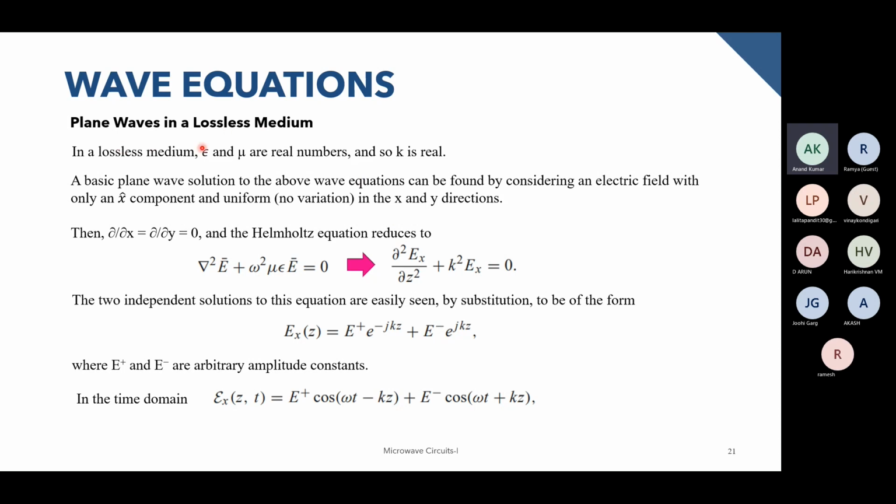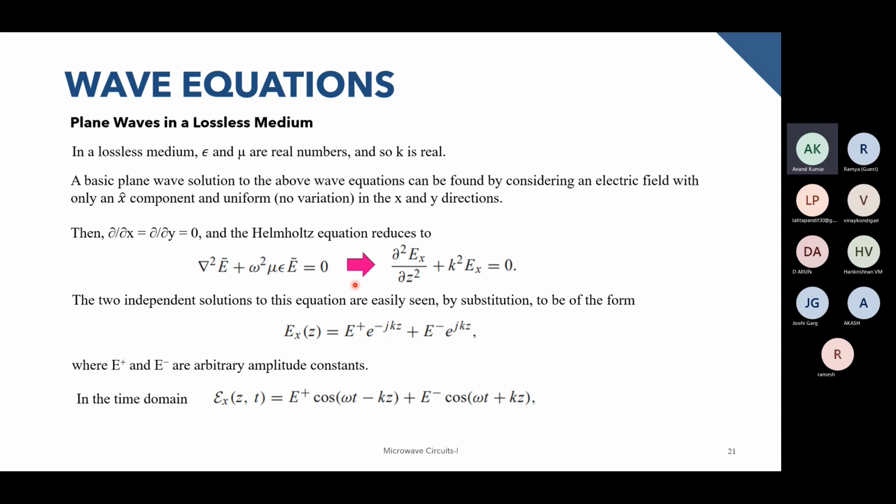And then we looked at the propagation of a plane wave in a lossless medium. We started with the Helmholtz equation, and we took a very simple case where the electric field only has an x component, and there is no variation of the electric field in the x and y directions.